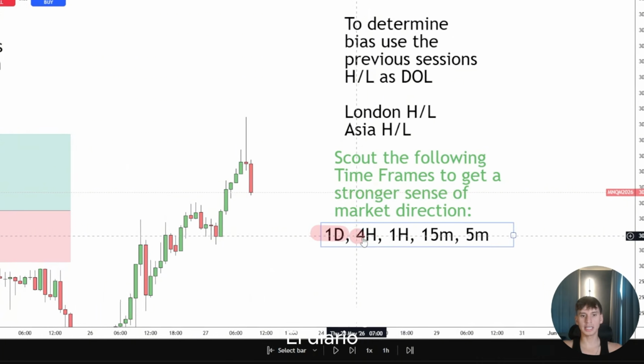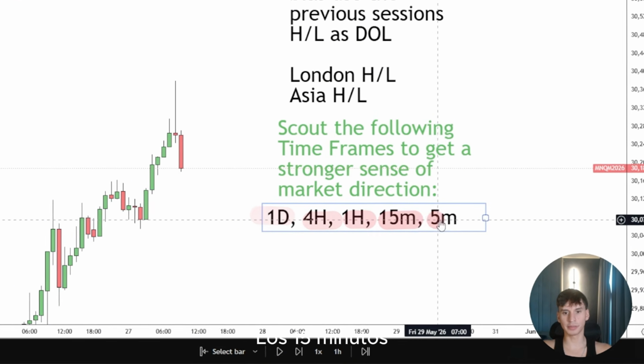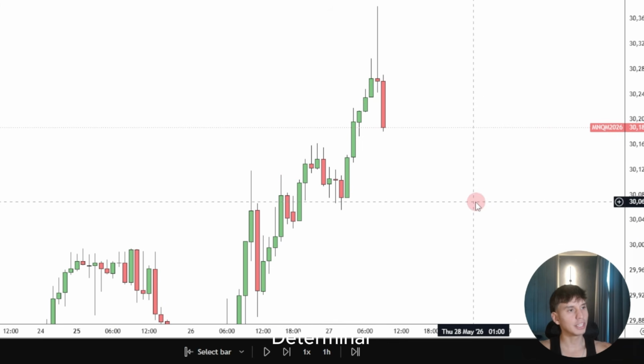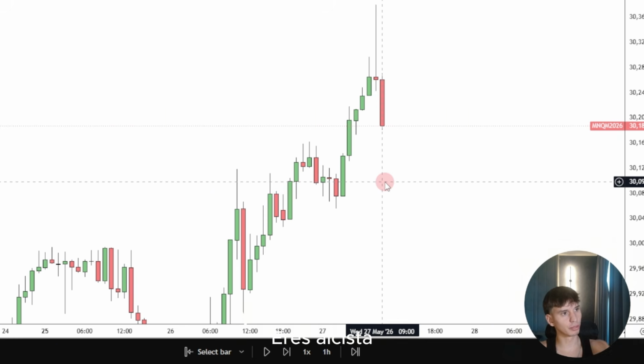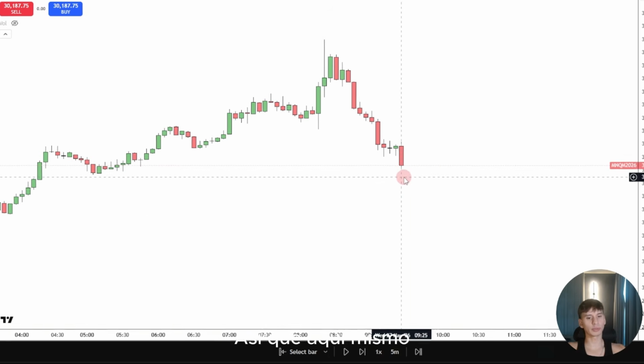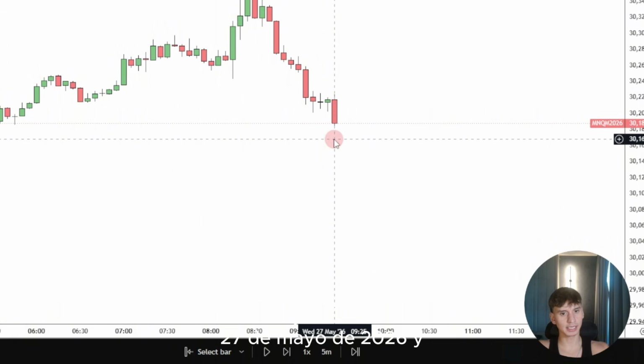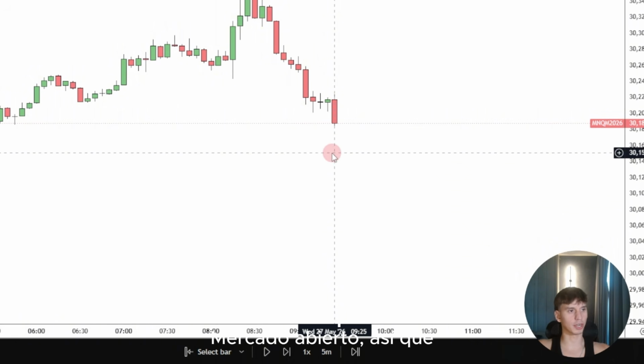I check the daily, the 4-hour, the 1-hour, the 15-minute, and the 5-minute time frame. It's also very important to determine a new bias at the start of every macro. For example, in the first macro you're bullish, you could be bearish in the second macro and bullish in the third. So right here, we have price action from Wednesday, 27 May 2026, and it's currently 5 minutes before market open.